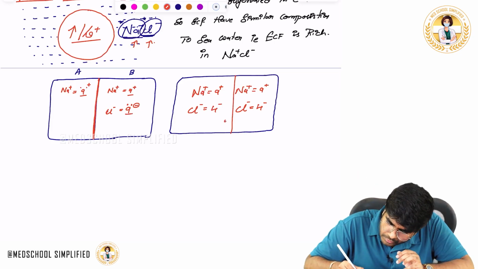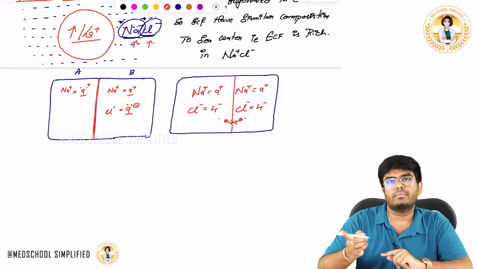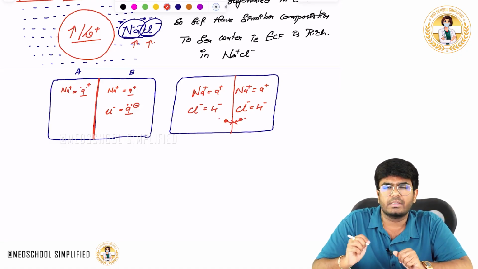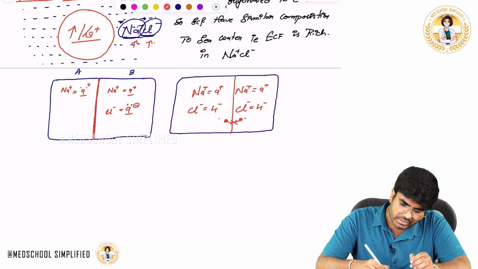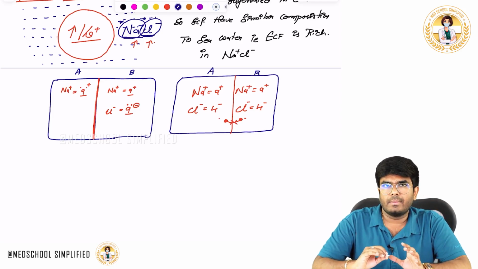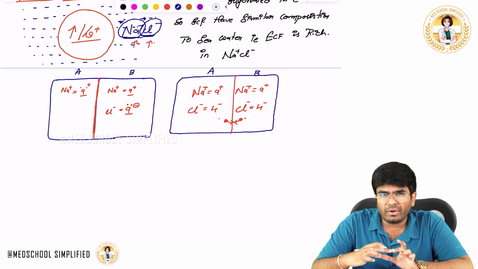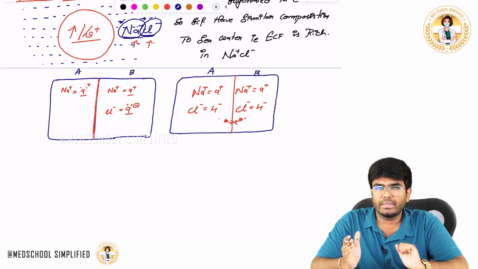This chloride ion keeps shifting from one compartment to the other, equilibrating and balancing. So this is what is normal: in a perfect ideal model cell, the ions get balanced, equilibrated.